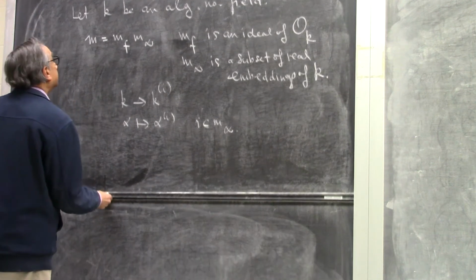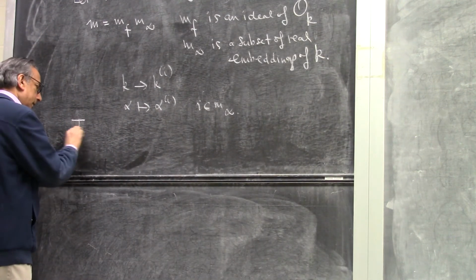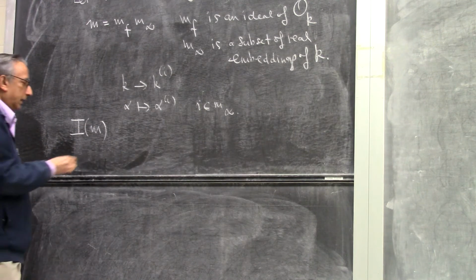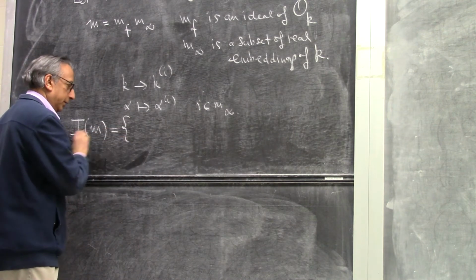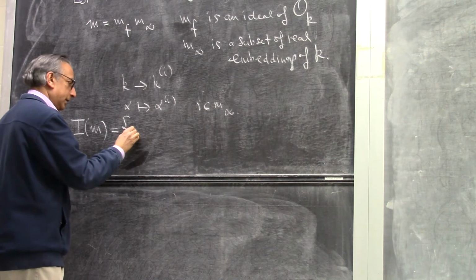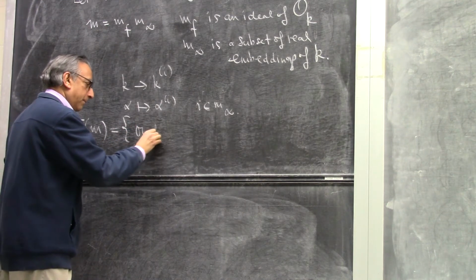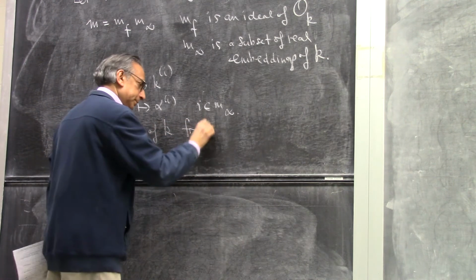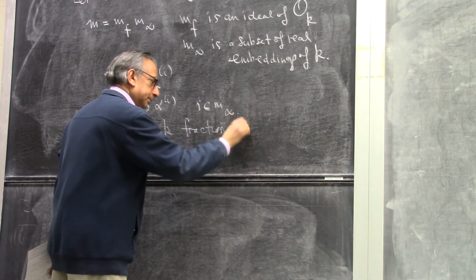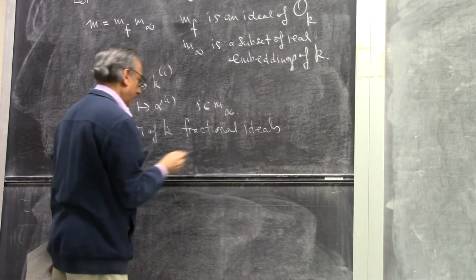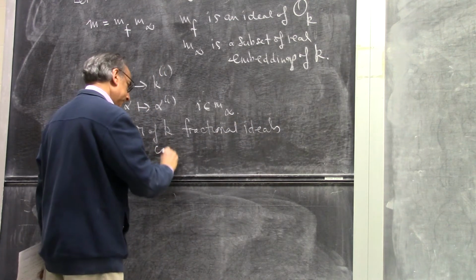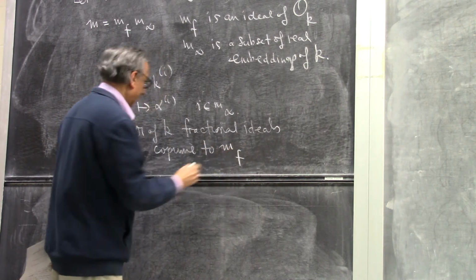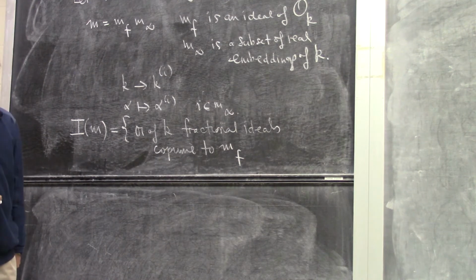Now, in this setup, we have I(m), which is the group of fractional ideals of K coprime to m. And when I say coprime to m, I really mean coprime to m_F.